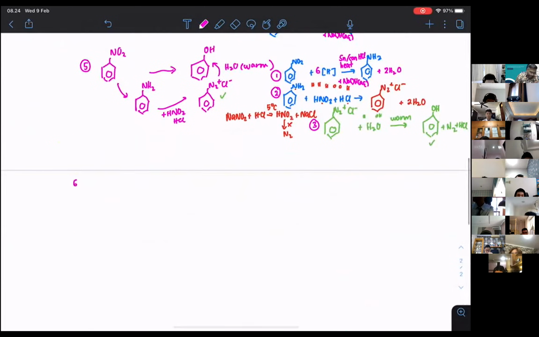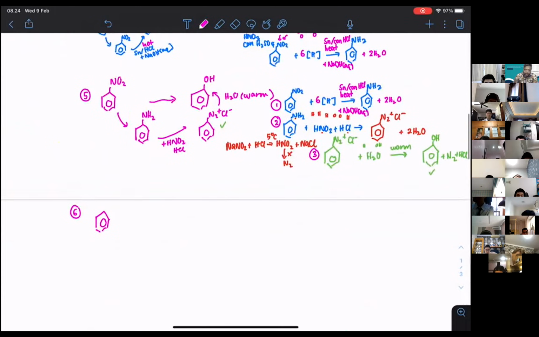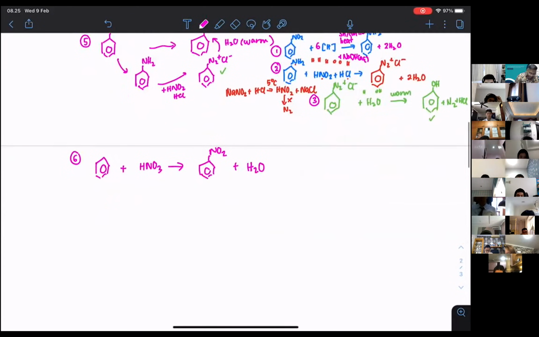From benzene, you first react with HNO3, and you will get nitrobenzene, plus H2O.